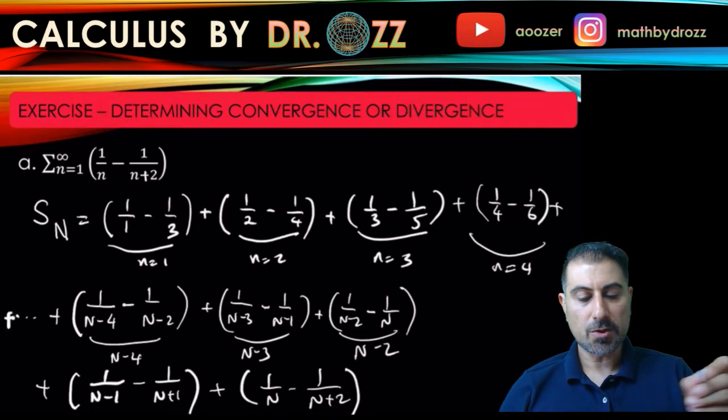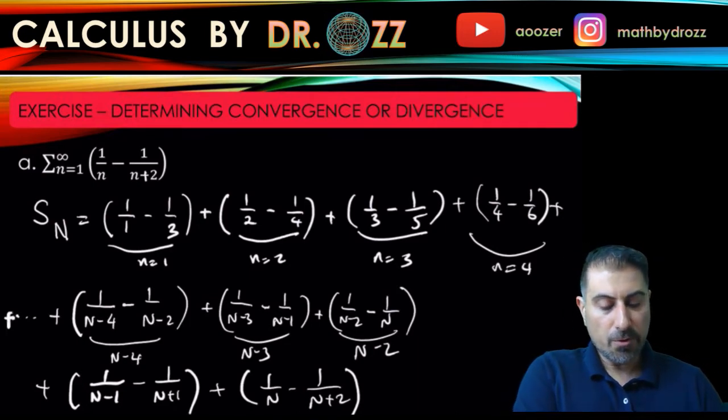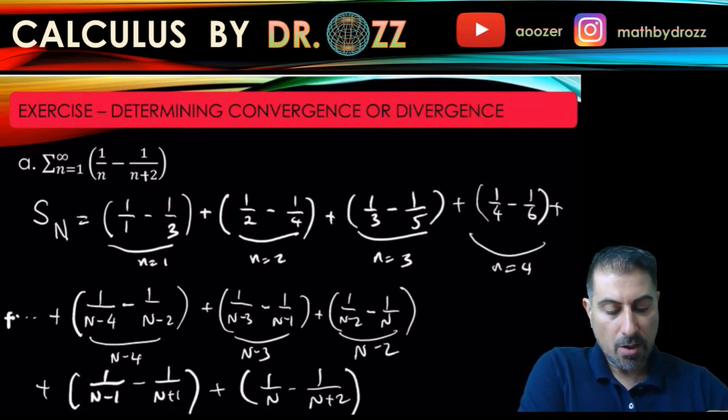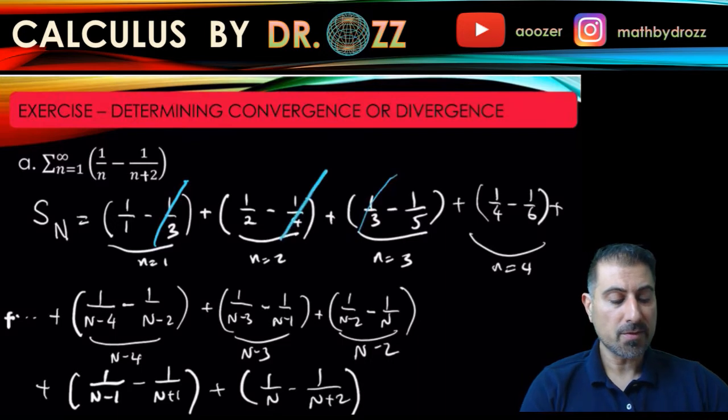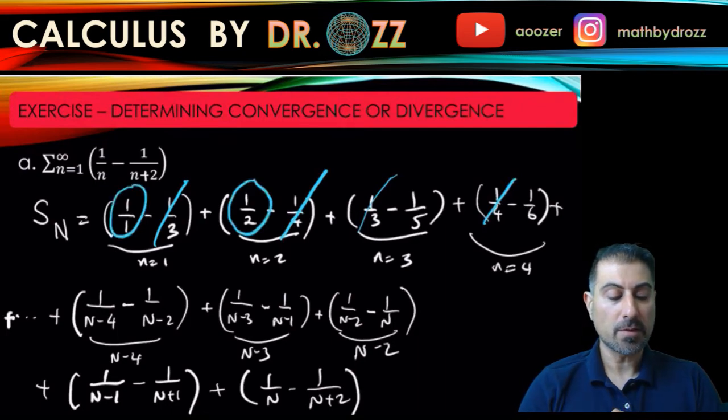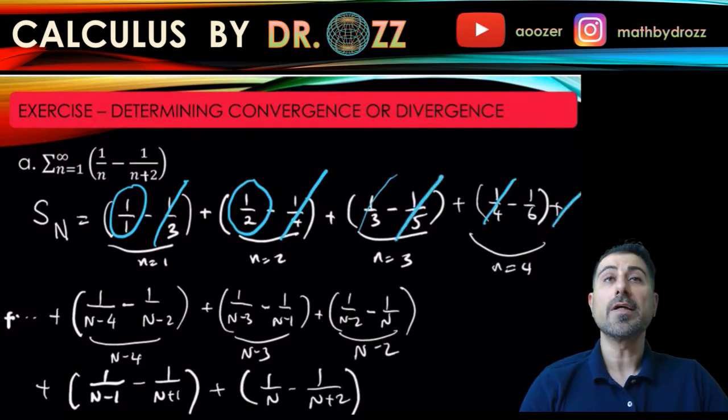So now let's see which one cancels which. First off, 1/3 cancels this 1/3 here, and 1/4 cancels this 1/4. As you see, there's nothing to cancel 1/2 and 1. Probably 1/5 is going to be canceled by another term which we don't have, and then 1/6 as well. So let's look at the last 4 terms and what cancels.